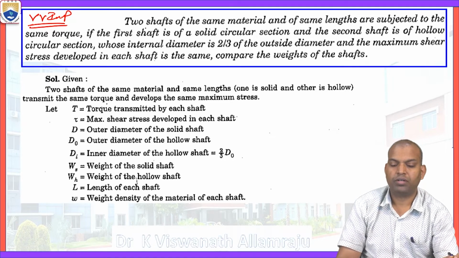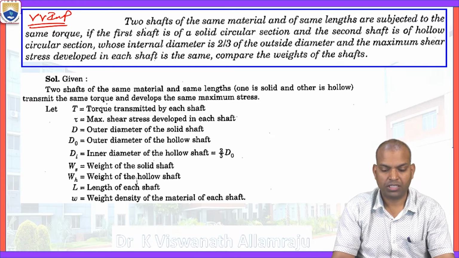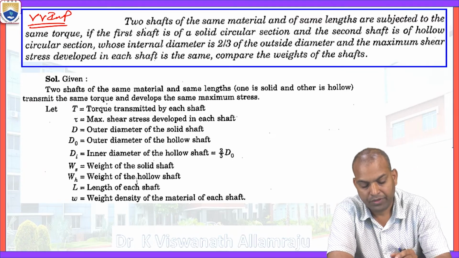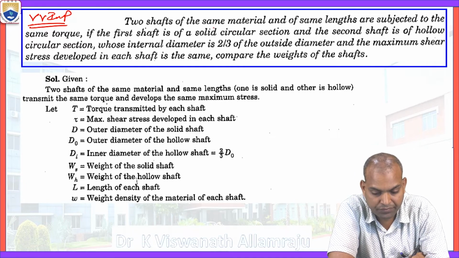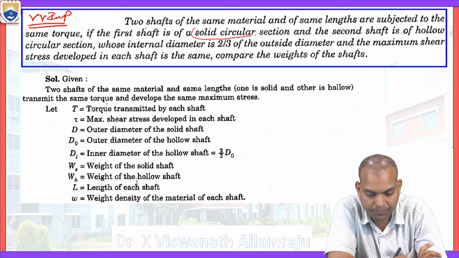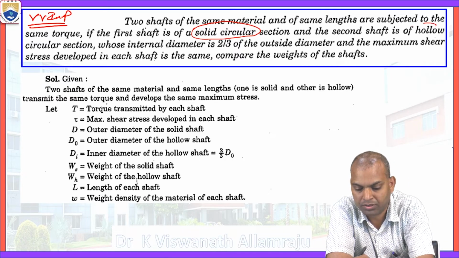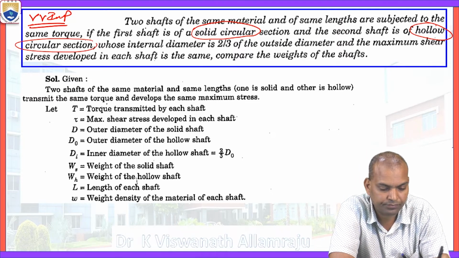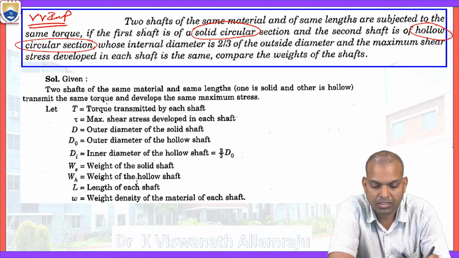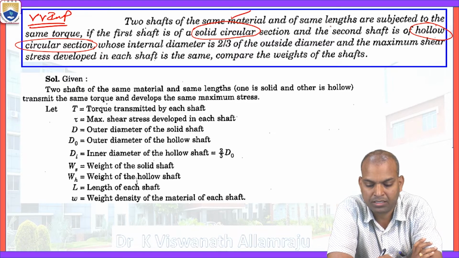If the first shaft is of a solid circular section, and the second shaft is what? Hollow circular section. And the material is the same material and same length.